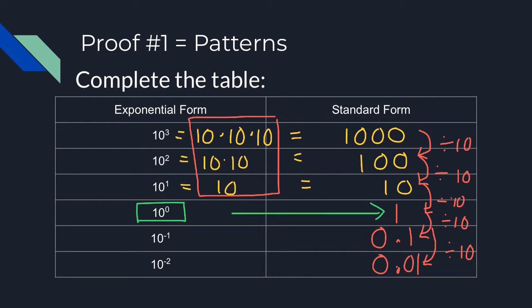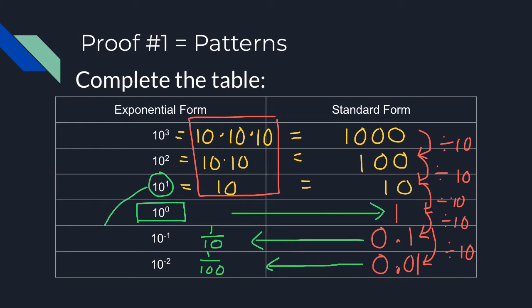Now, can I just say that 0 and 1/10 can also be written as 1/10? 0 and 1/100 can also be written as 1/100. So I really like patterns, and I am noticing that 10 to the first, right here, was 10.